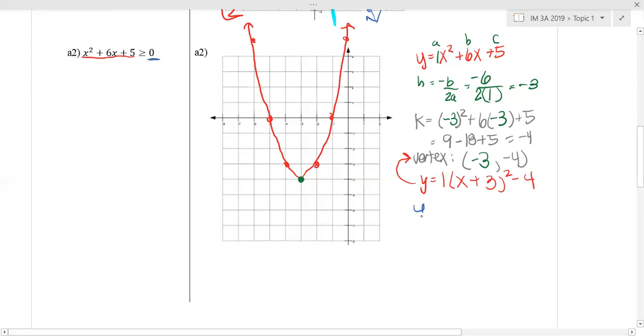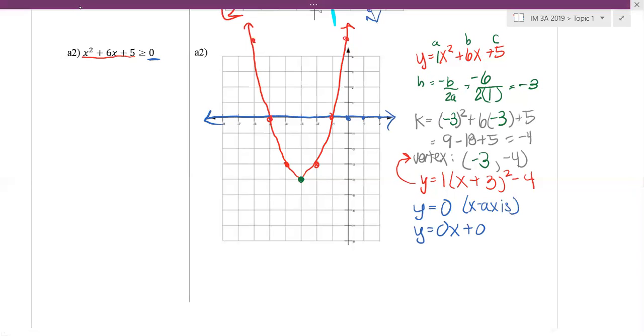The other side of our inequality is easy. It's just y equals 0. So remember that means that we're looking at y equals 0x plus 0. And so this has a y-intercept of 0 and a slope of 0. So I'm going up none over 1, up none over 1. And so notice that this line is really just the x-axis.